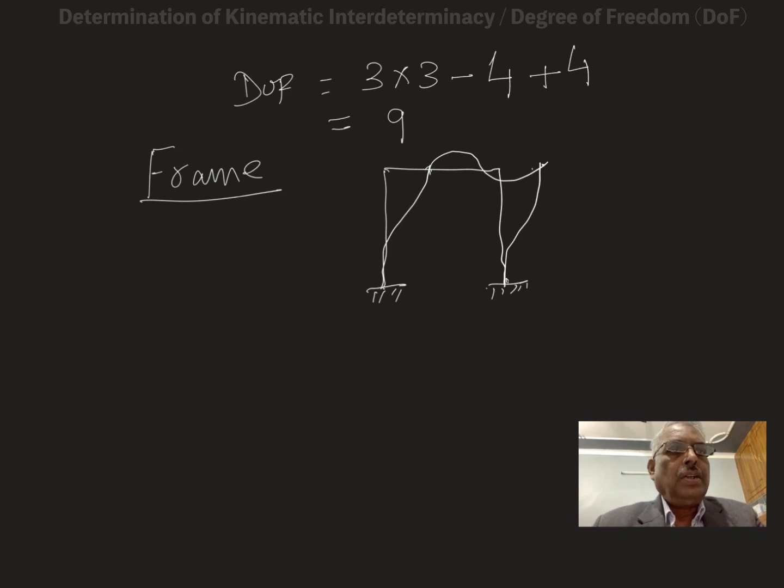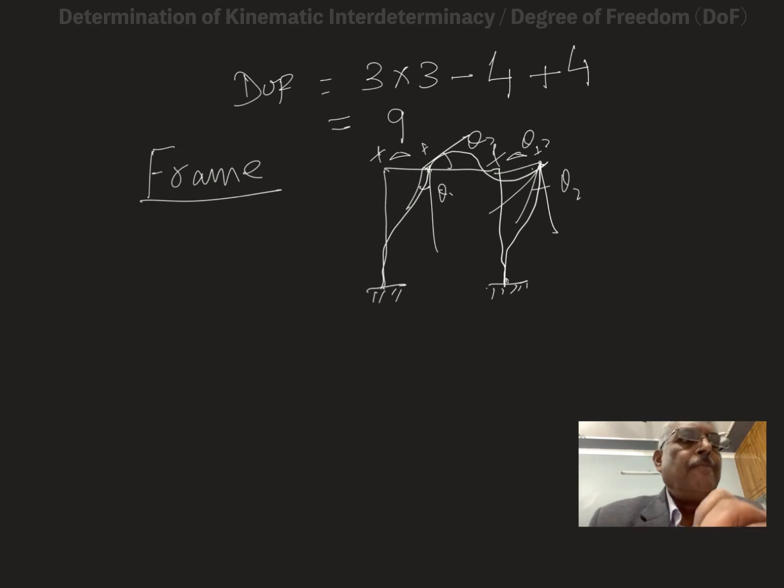So here the slope is theta 1, the same slope here, and the same theta 2 here and theta 2 here. And this is the displacement. This displacement will be the same as this displacement.